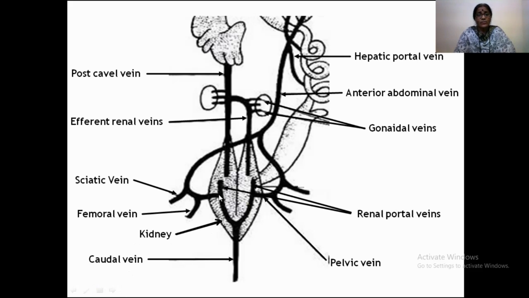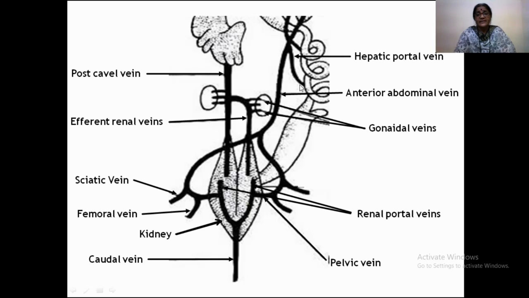This renal portal vein receives this pelvic vein. This pelvic vein also receives the femoral vein and the sciatic vein, and one branch of the pelvic vein runs anteriorly, joins with its counterpart, and thus it forms a large stout vein by the name anterior abdominal vein or the epigastric vein, which runs anteriorly.